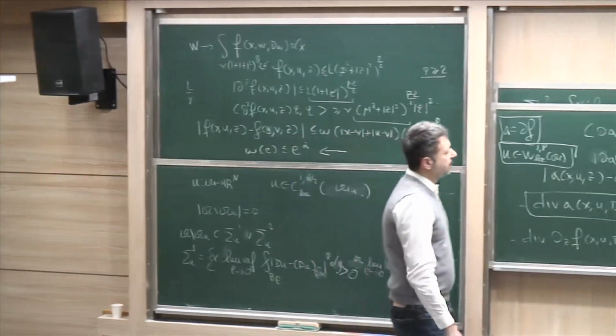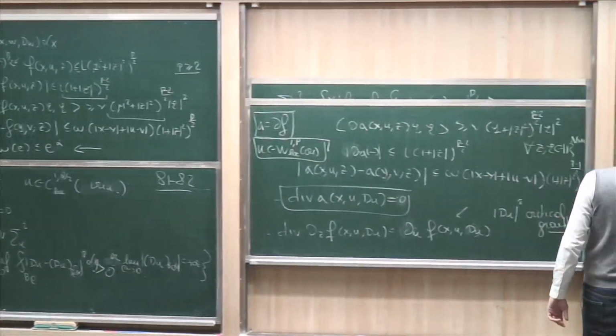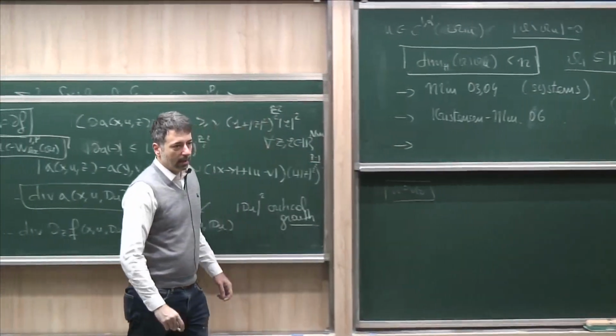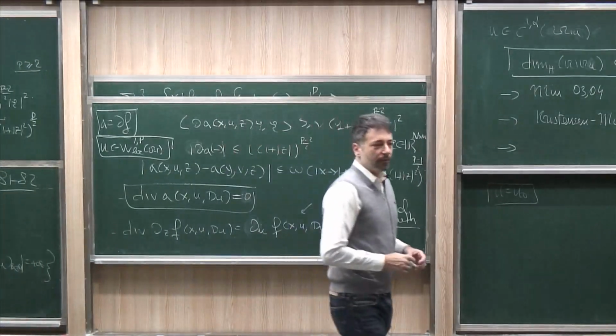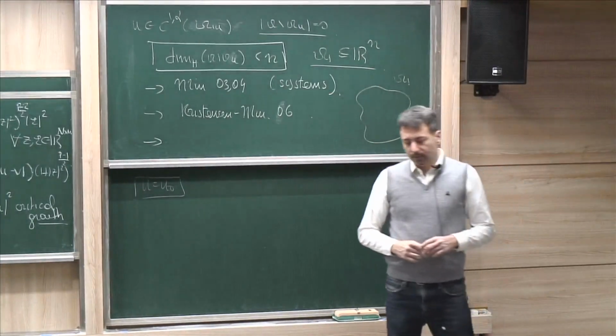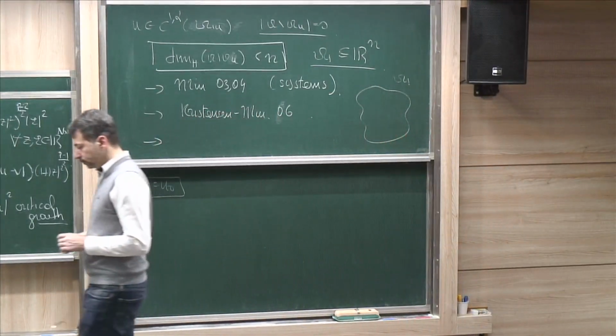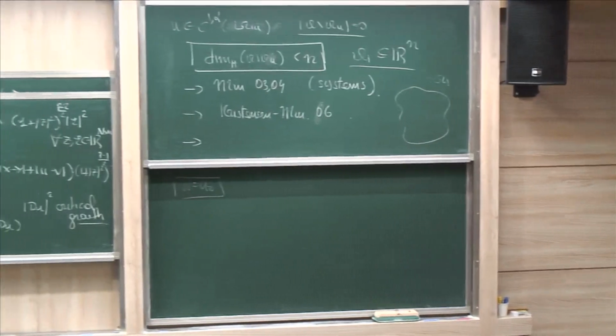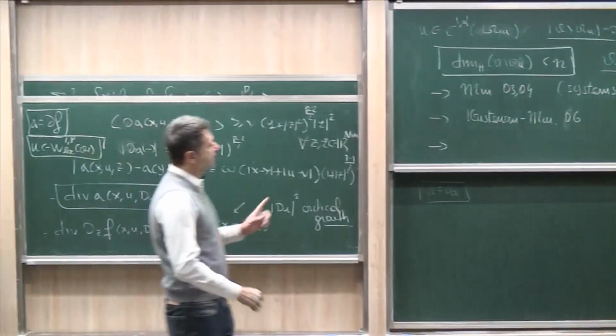And assume that you also have a boundary condition which is regular. So you have criteria for regular points, but the issue was that even the existence of one regular point was not known.